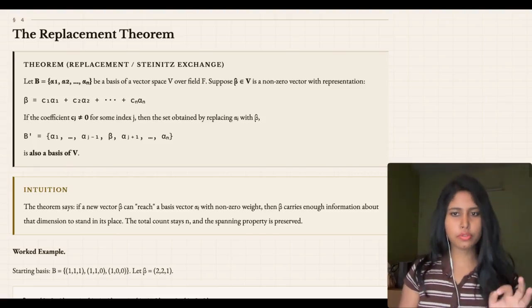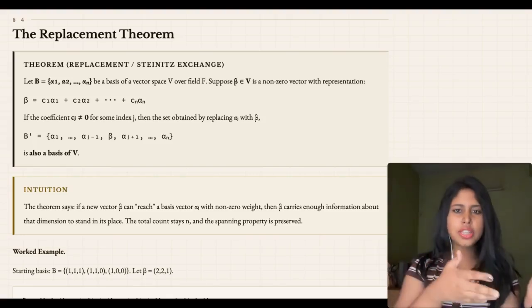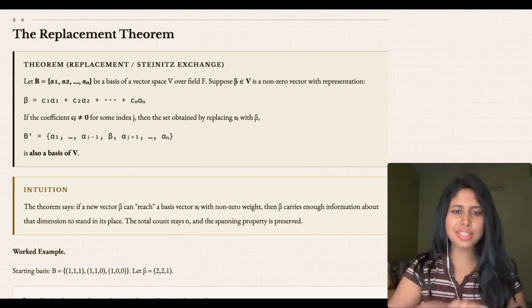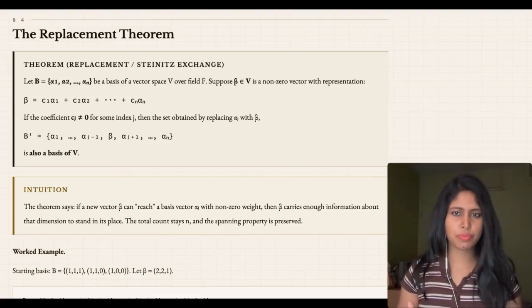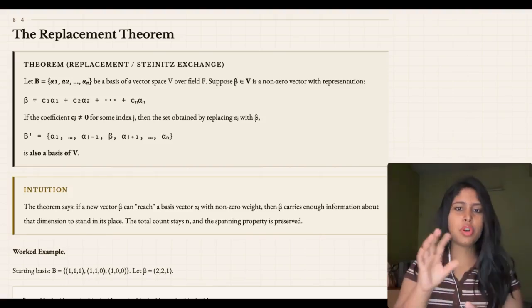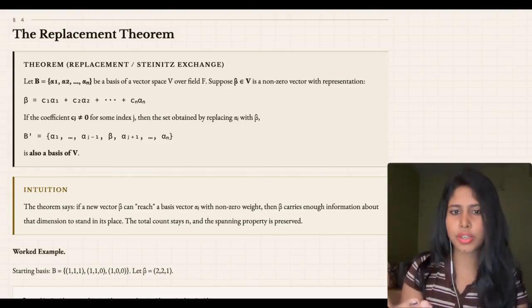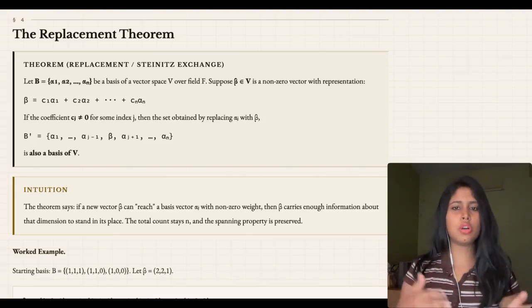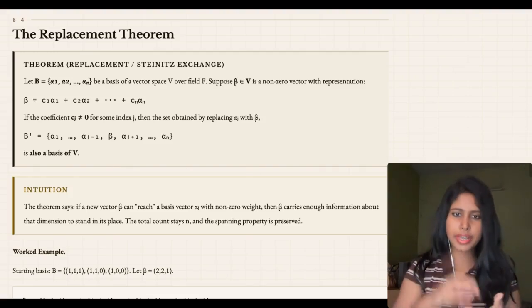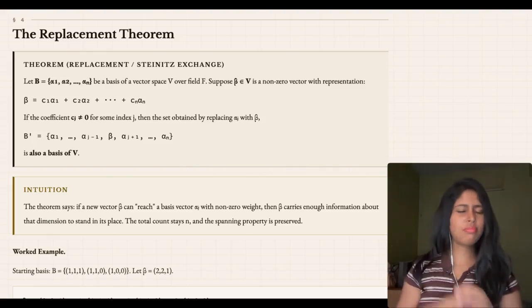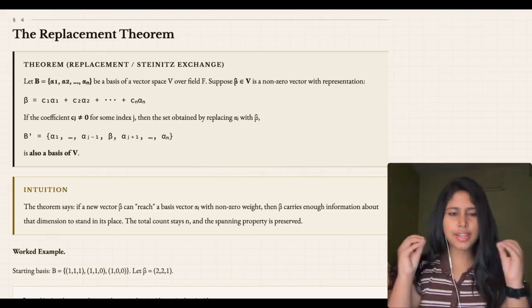Suppose there is a coefficient Cj which is not equal to 0, where Cj is the coefficient of vector alpha j. Then we can replace alpha j with beta, and the resulting set is still a basis of V. This is what the theorem says in that statement, right?